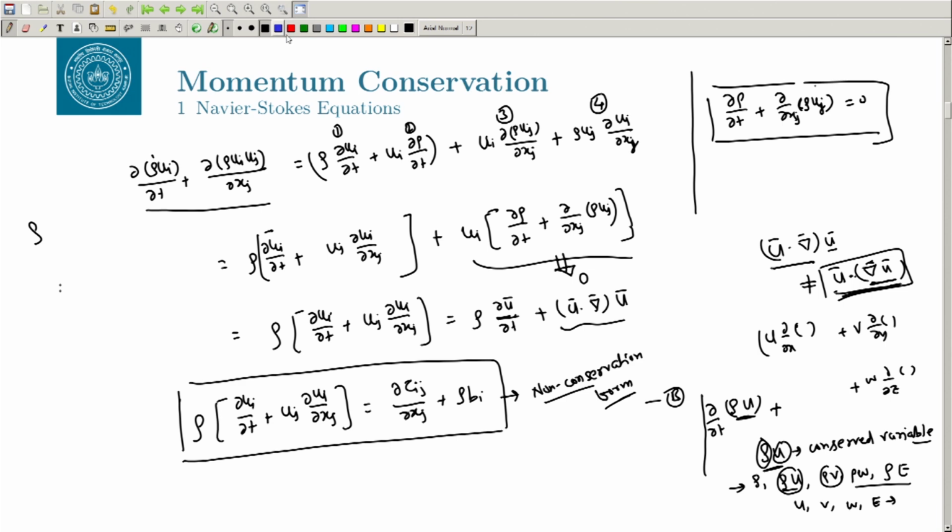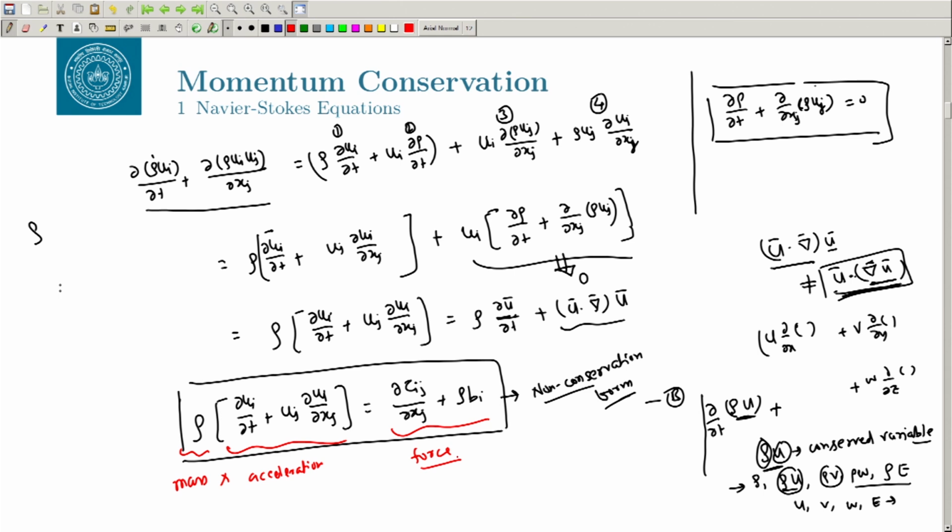The other thing that you might want to check here is that if you really look at this equation closer, okay, so what is this? So, this is mass, what is this? This is an acceleration, okay, and what is this one? This is force, right.